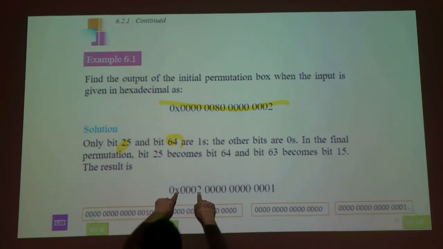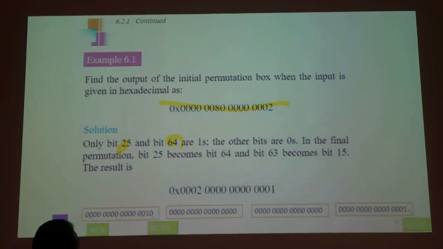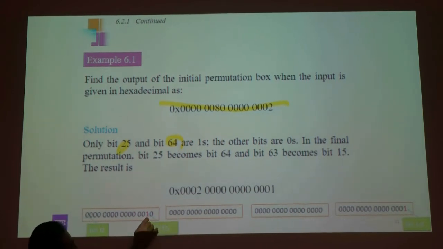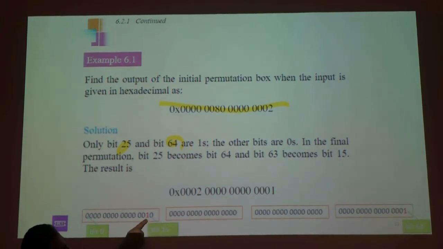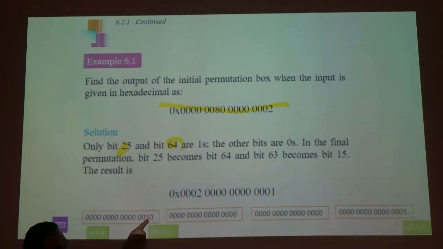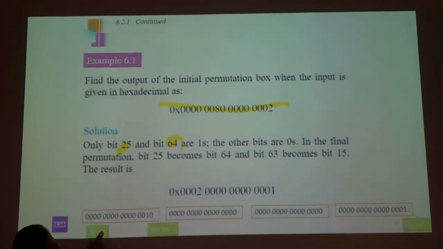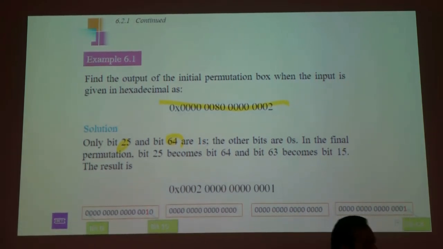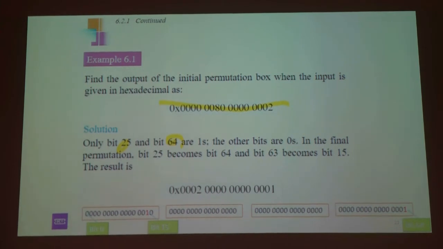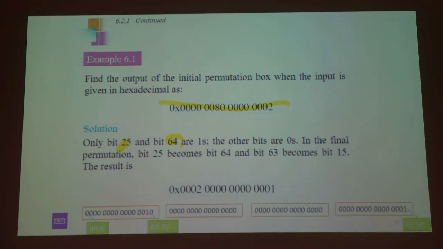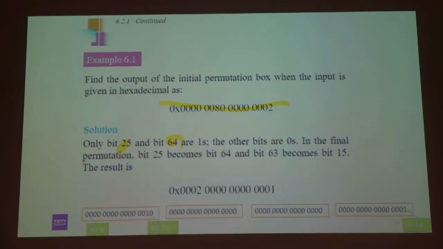When you look at this in here, this is the 4 in here. So that means bit number 15 is what? Is 1. So we start counting from 1. It's not 0, I'm sorry, 1. 1, 2, 3, 4, until what? 64. Alright? So you convert the hexadecimal to binary, and you know where the ones are. Okay? And then, anyways.